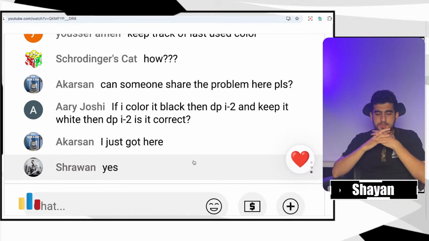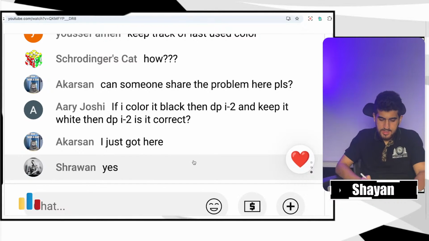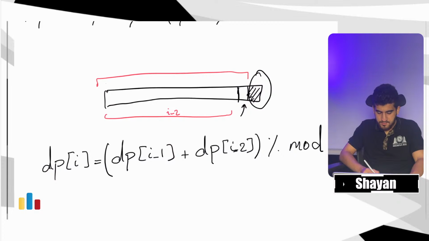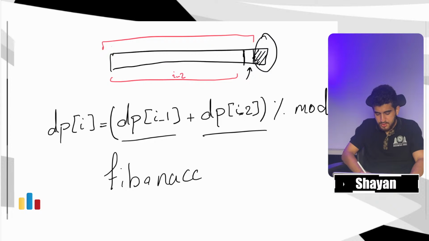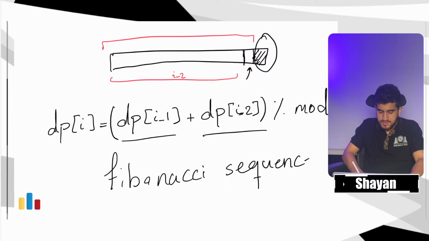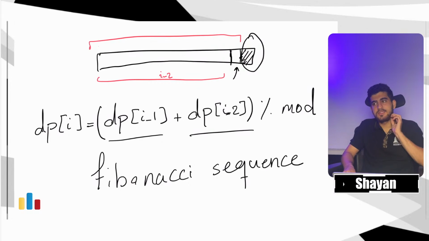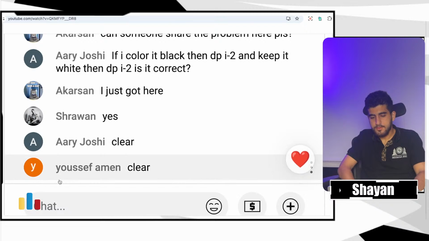I've talked about it before as well. This sequence, f of i equals f of i minus 1 plus f of i minus 2, is called the Fibonacci sequence. So the answer to this problem was also the Fibonacci sequence. I mean, the answer for some n is going to be the nth term of Fibonacci.